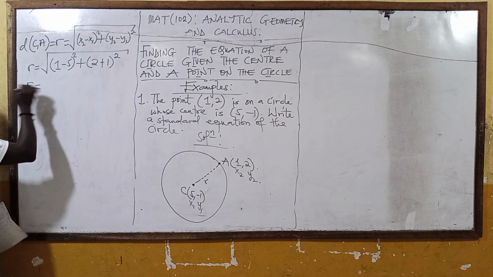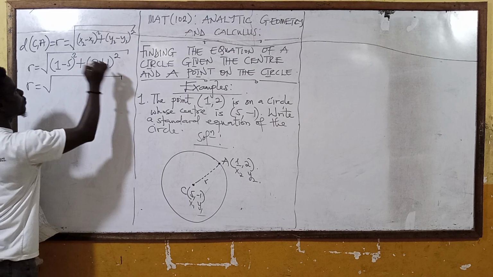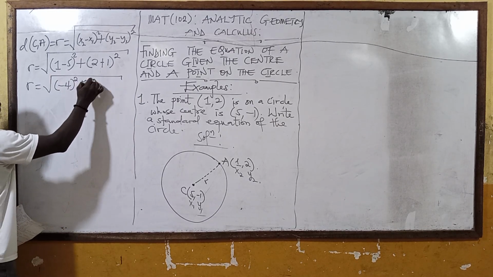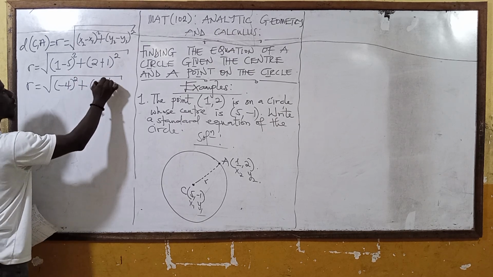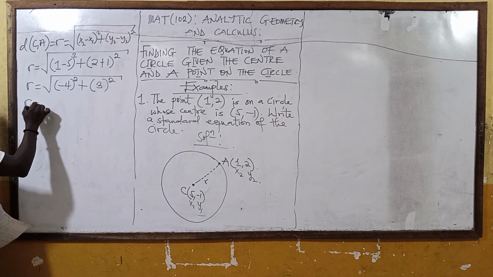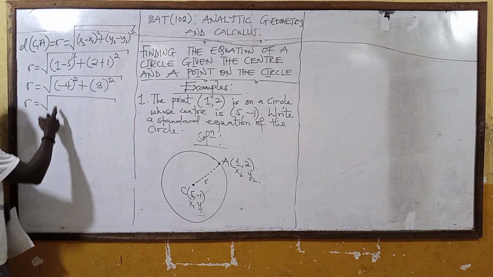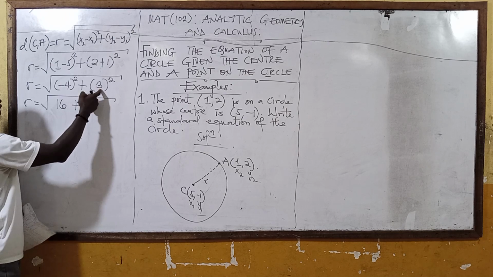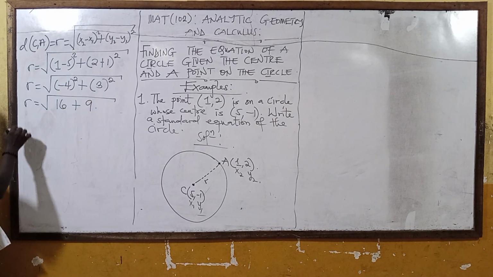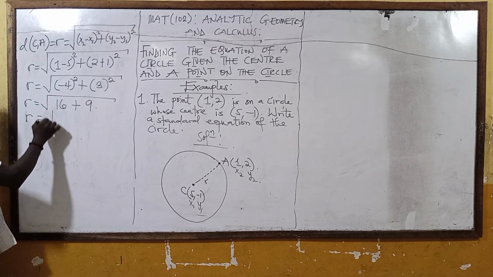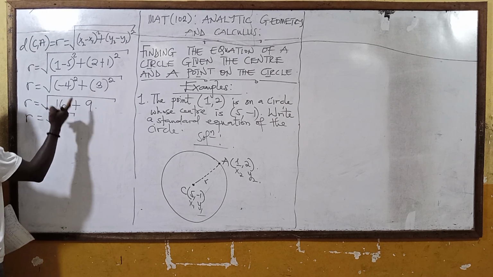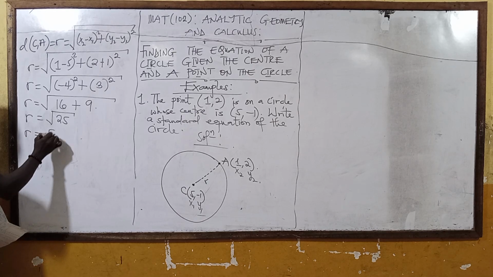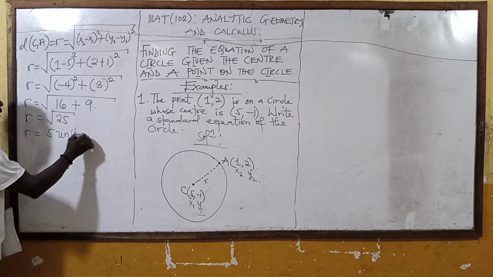So my radius equals the square root of (1 minus 5), we obtain (-4) squared, plus (2 plus 1), we get 3 squared. So my radius must be equal to the square root of 16 plus 9, we obtain 25. So my radius must be equal to 5 units.